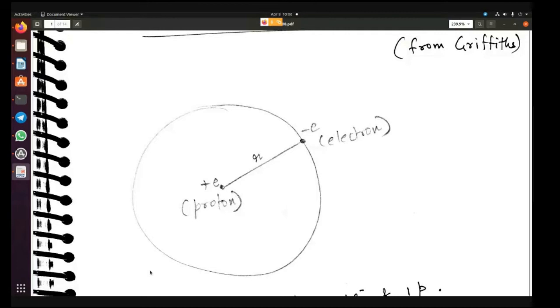So we are reducing this problem into a problem of one particle. Now when we reduce it to the problem of one particle moving around a sphere, then we can go to spherical coordinates because there is a spherical symmetry in this problem.